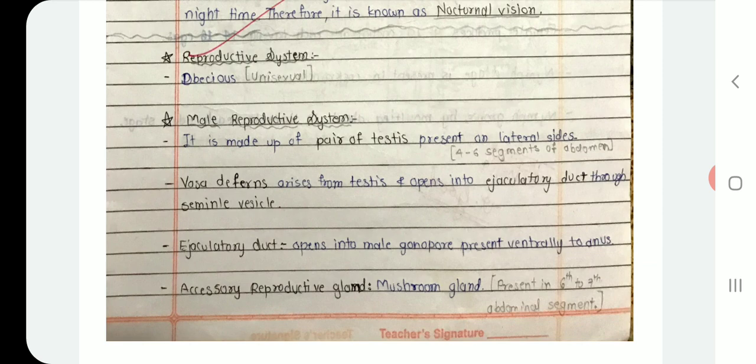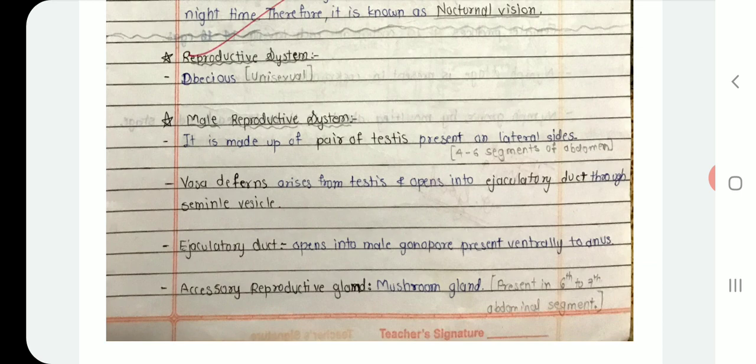Next, there will be presence of the vas deferens. This vas deferens arises from the testes. Whatever sperms are produced inside the testes are carried with the help of the vas deferens. This vas deferens opens into an ejaculatory duct through the seminal vesicle, right?